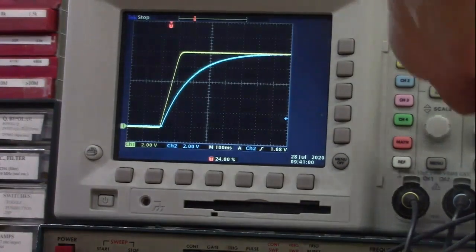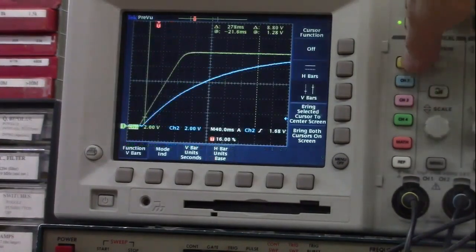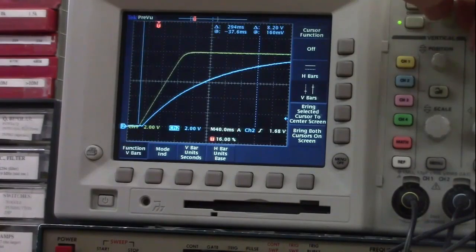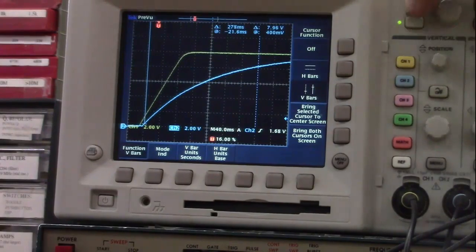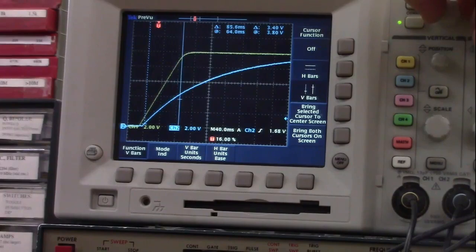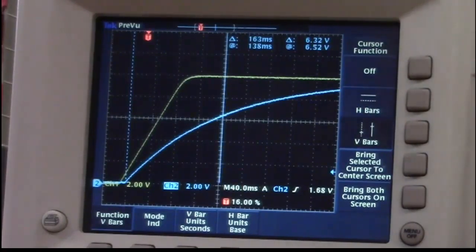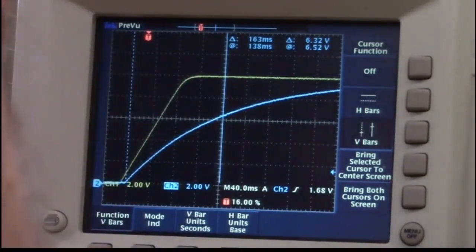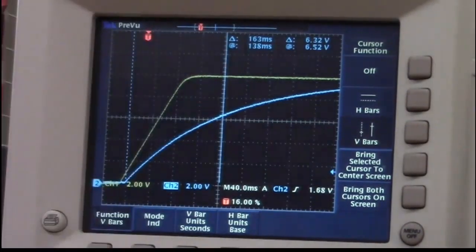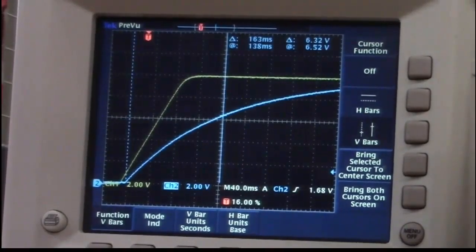So let's go ahead and measure that. Let's see if we can set our starting point right where we release the button. And we're going to take a look at 150 milliseconds. Let's look at where we're at: 6.3 volts. So that's a 6.32 volt change in 163 milliseconds. And the difference from the calculated value is probably a combination of component tolerance and measurement error.